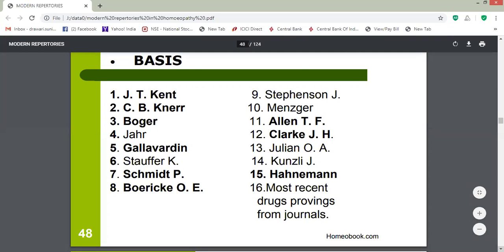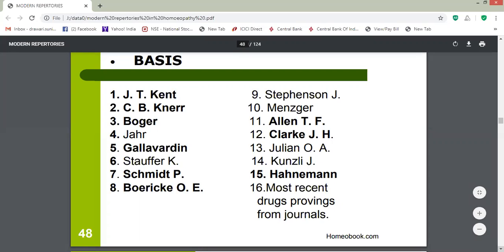Then Julian's Dictionnaire de Materia Medica was referred. Then Künzli's supplements taken from international homeopathic literature.